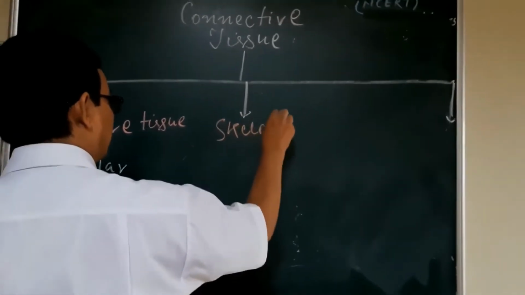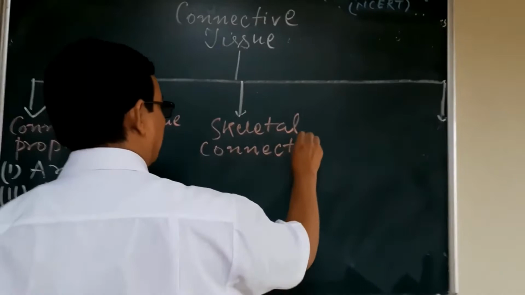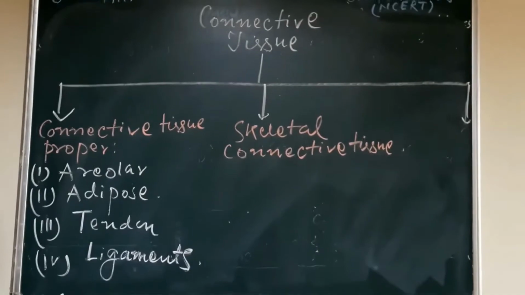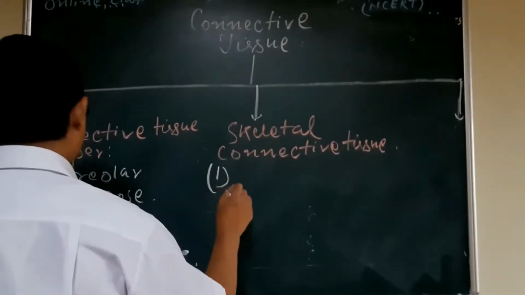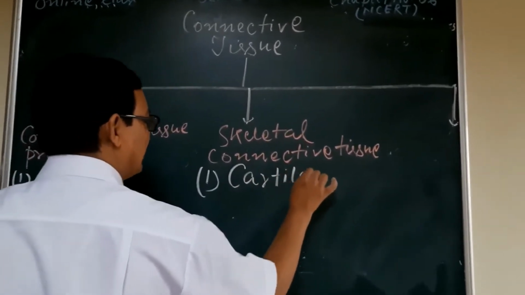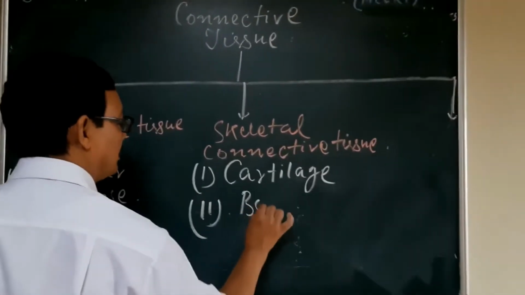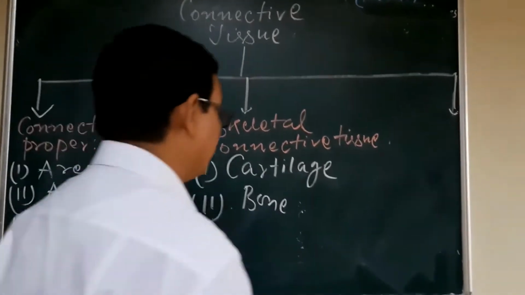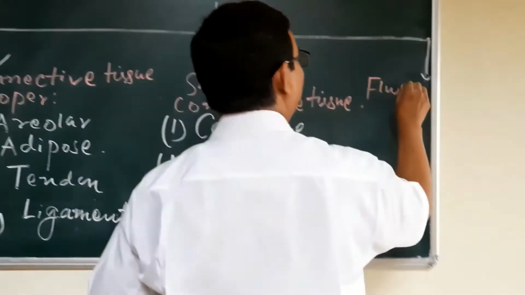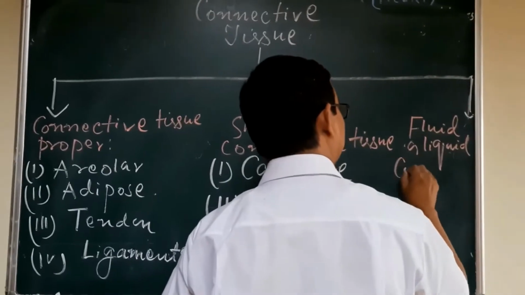Skeletal connective tissue. Under this we shall study cartilage, number two, bone, and number three, the fluid, or maybe you call it liquid connective tissue.